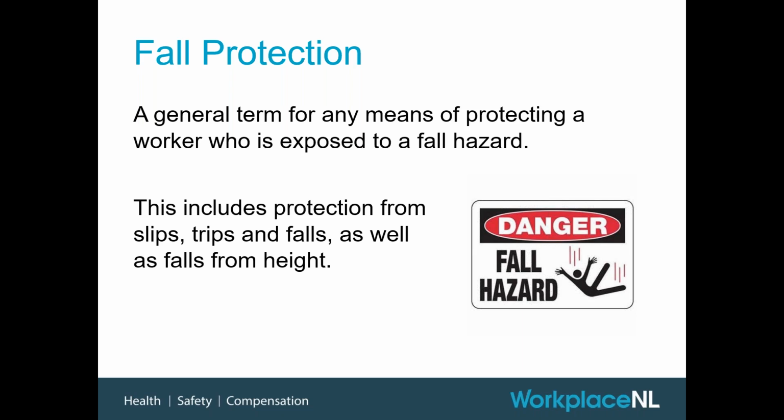To put it in perspective, we certainly have a lot more slips, trips, and falls, so falls to the same level, when compared to falls from height. But generally speaking, the falls from height often result in a much more severe injury. So there's a bit of nuance there. But we're going to be talking about it from all avenues, not specifically just working at height.